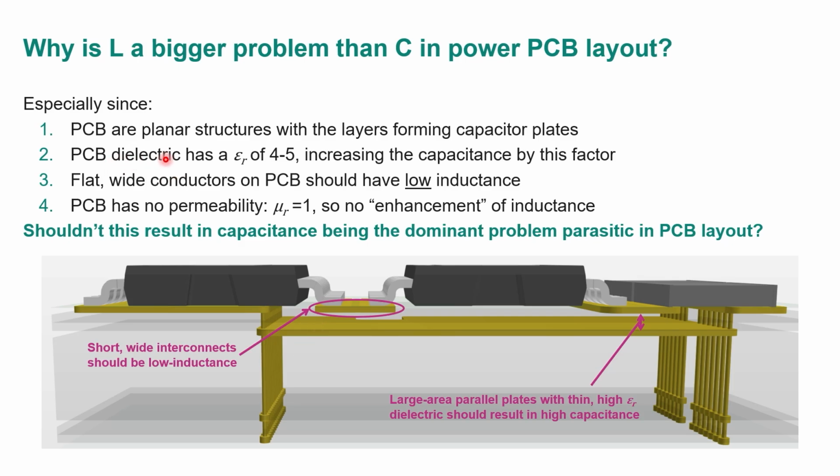Moreover, the dielectric constant of the board material is in the range of 4 or 5. So whatever capacitance I have between these large areas, these are like parallel plate capacitors with a dielectric between them, so it's going to amplify the capacitance by a factor of 4 or 5. So wouldn't that make capacitance a bigger problem?